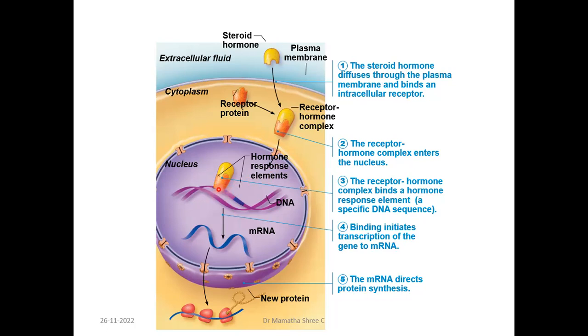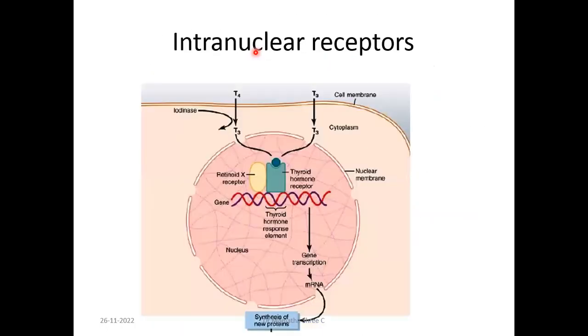What is this? It is a specific gene sequence on the DNA for that hormone. This brings about the transcription into mRNA. This mRNA enters the cytoplasm and is translated by ribosomes into a new protein. Now, this protein brings about all the effects or actions of your steroid hormone. So it is a direct transcriptional process that is activated.